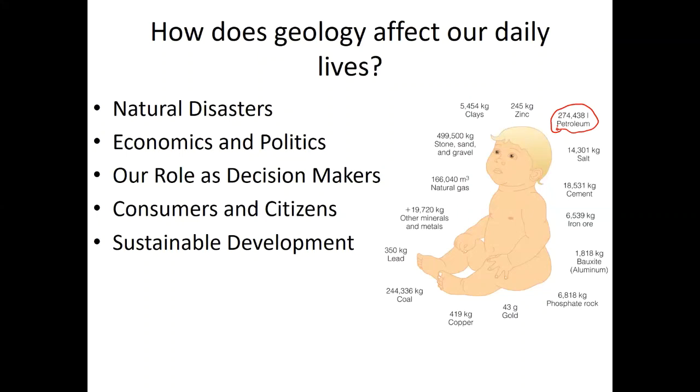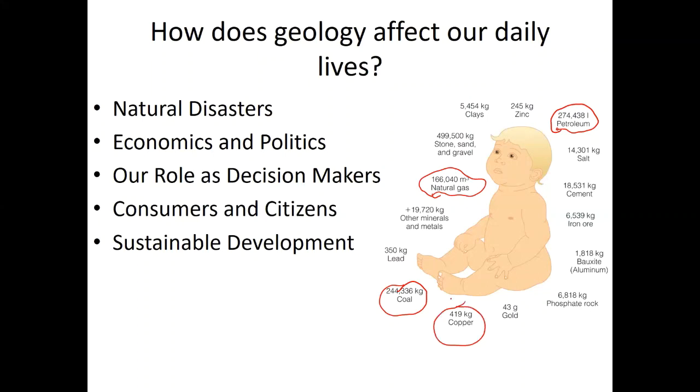Natural gas. Some people use natural gas to heat their homes. We also use a lot of natural gas to generate electricity at power plants, also with coal. So most of our electricity is generated using natural gas and coal. So if you have a light on, or the electricity running through your computer, most of that electricity was likely generated by the burning of either natural gas or coal, both fossil fuels.